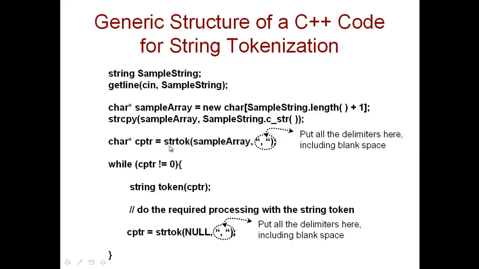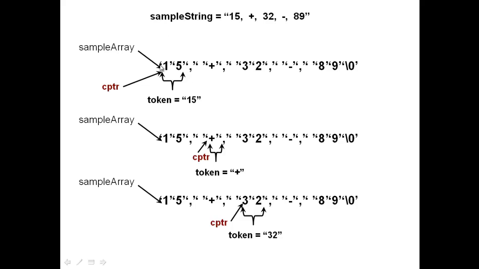So when you do strtok and then pass the character array name and set of delimiters, the CPTR will point here, and then internally the program will keep track of where any delimiter is seen. So starting from this position, the delimiter is seen here.